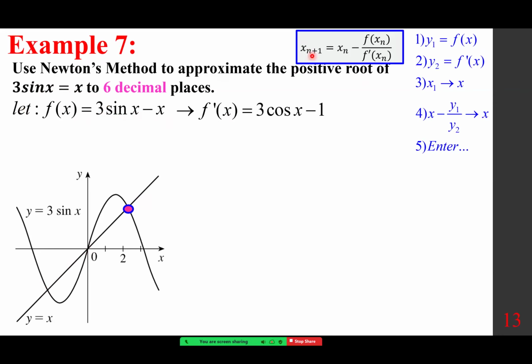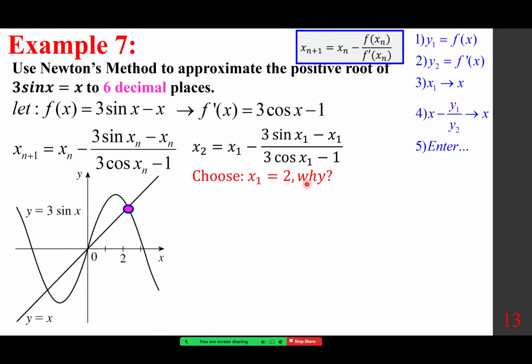And therefore, this becomes x sub n plus 1 is x sub n minus f of x sub n. That means minus, you put this 3 sine x minus x in the numerator. F prime, you put 3 cosine x minus 1 in the denominator. And x sub 2 would be x sub 1. So change this to 2, change this to 1.